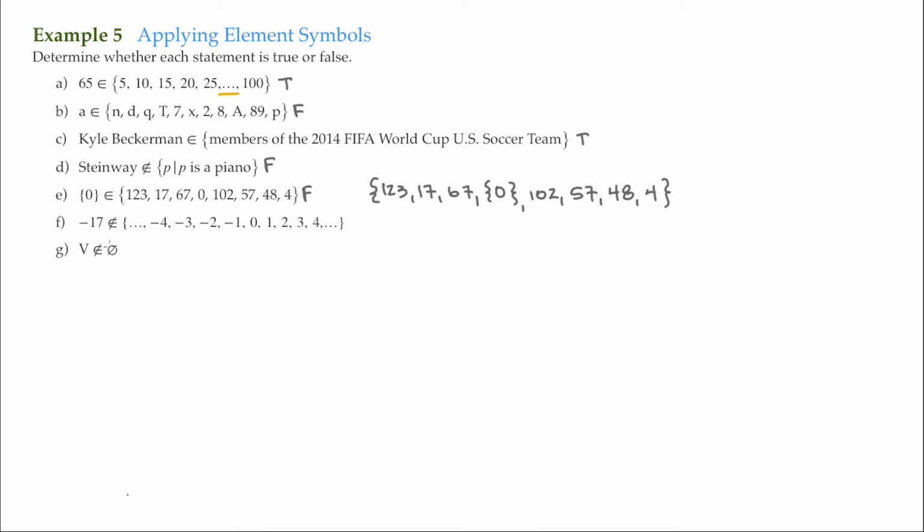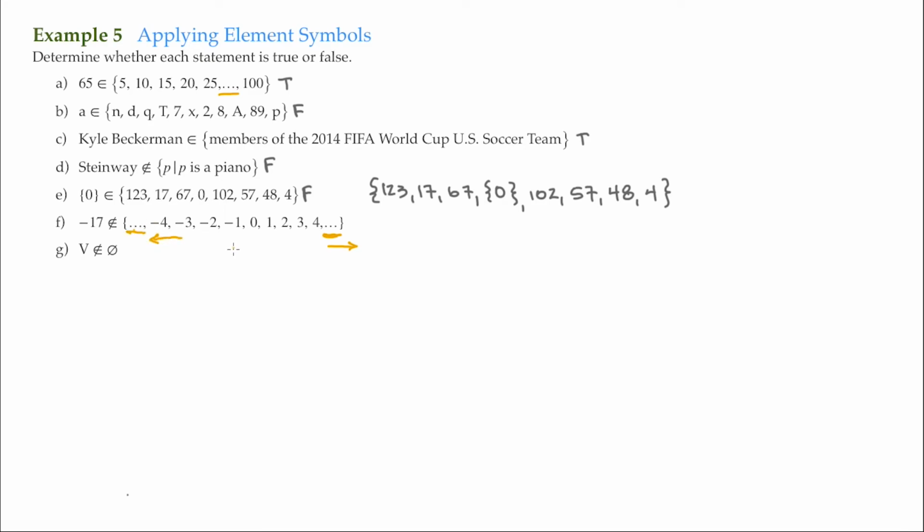For F, we have negative 17 is not an element of this set. Now notice this set has two ellipses. We have an ellipses at the end here, showing that it continues going that way. And then we have an ellipses at the beginning here, showing that this pattern continues going that way.